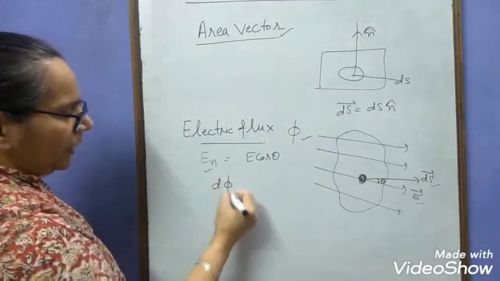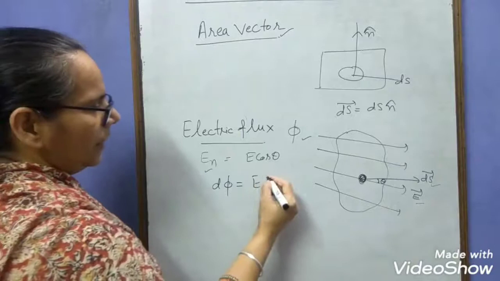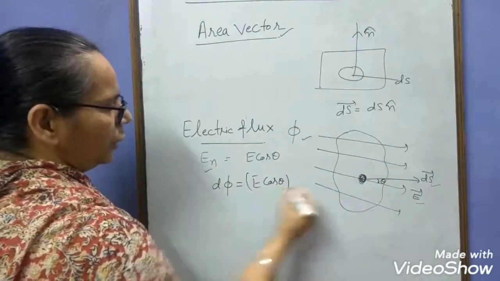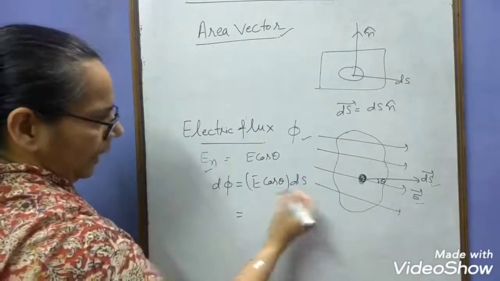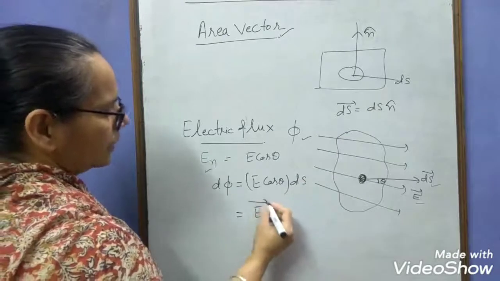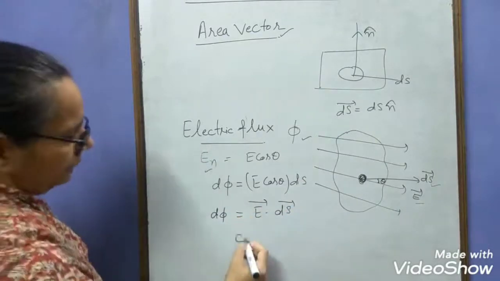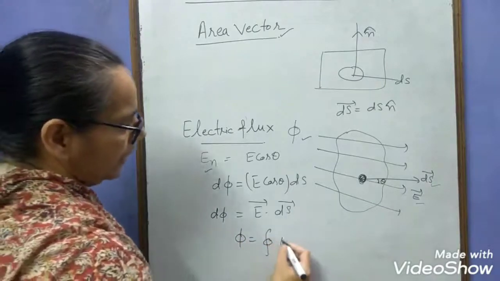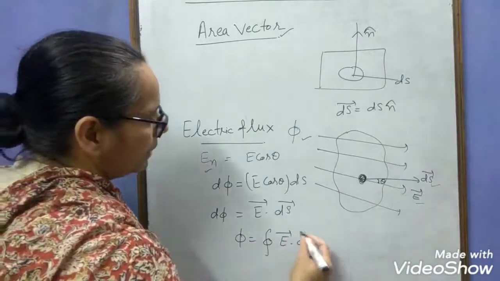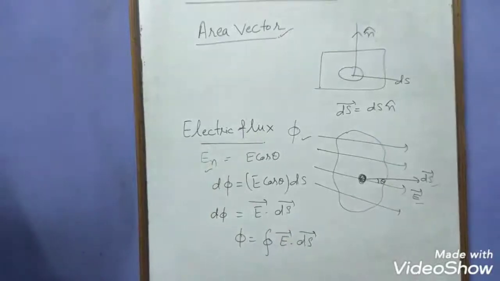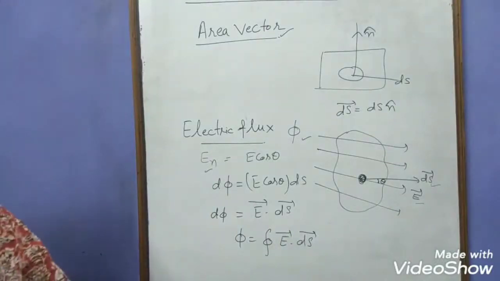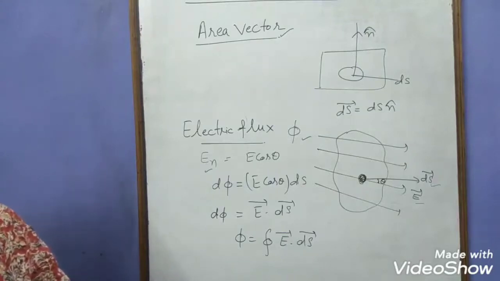So how do we write the electric flux? That is E cos theta times the area vector. Then this is E dot ds, called d phi, and for the whole surface it is considered as the surface integral of the electric field, which is called the electric flux.